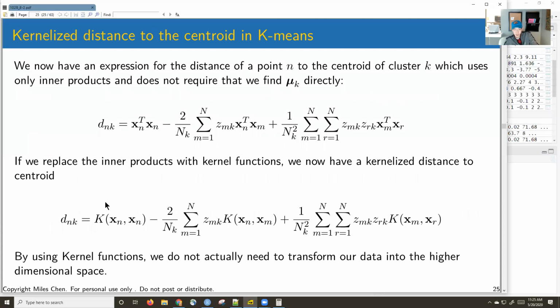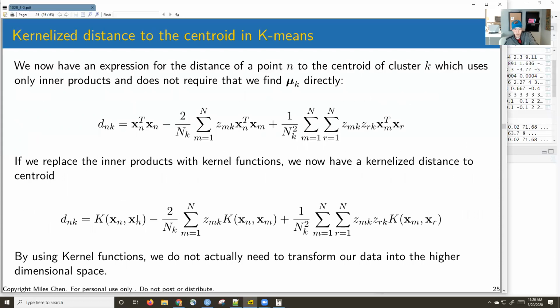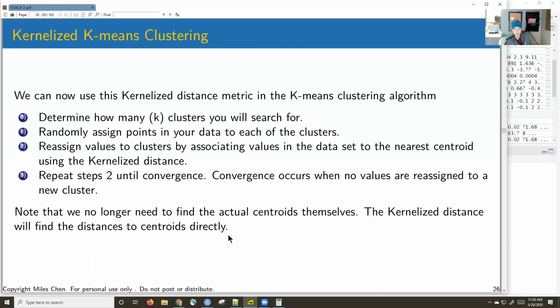So that's what this will allow us to do. We don't actually have to find mu sub k. We don't have to find the centroid to find the distance. We're just going to go straight to the distance. All we need are the values xn and the assignments that we currently have. We just need the z's and the x's and the kernel function. We can get the distances without actually having to find the centroids themselves.